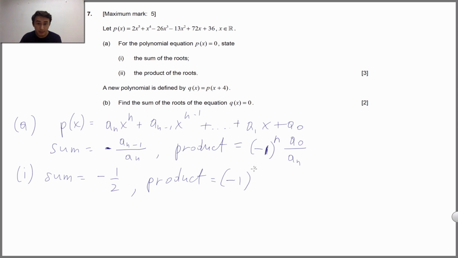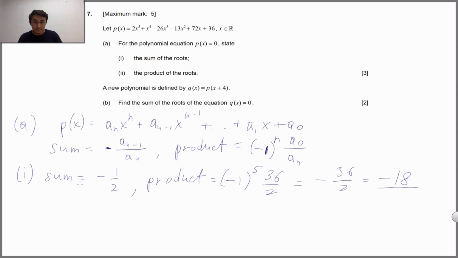It should be 5, because 5 is the highest power here. And then we have 36 over 2, and minus 1 to the power of 5, 5 is an odd number, that's why it will still be minus. So it will be minus 36 over 2, which is minus 18. So negative 18 is the product of the roots.